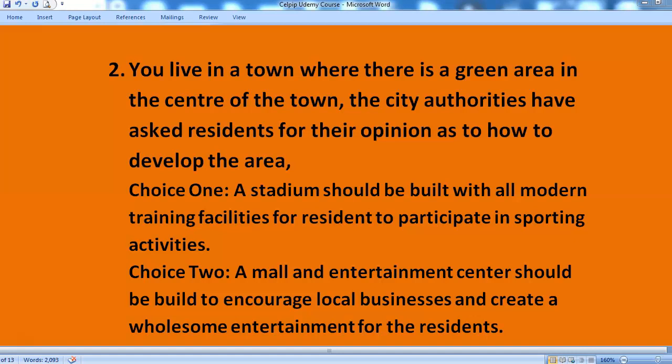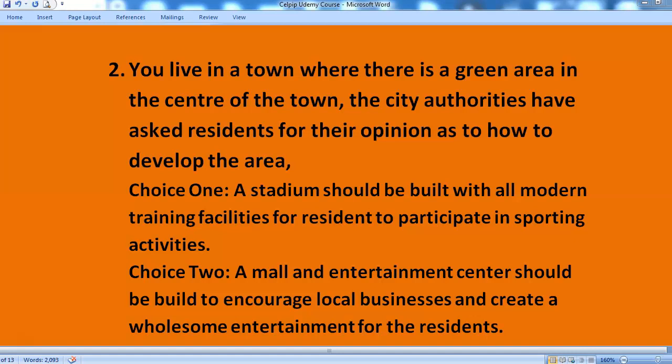The city authorities have asked residents for their opinion as to how to develop the area. Choice 1. A stadium should be built with all modern training facilities for residents to participate in sporting activities. Choice 2. A mall and entertainment center should be built to encourage local businesses and create wholesome entertainment for the residents.